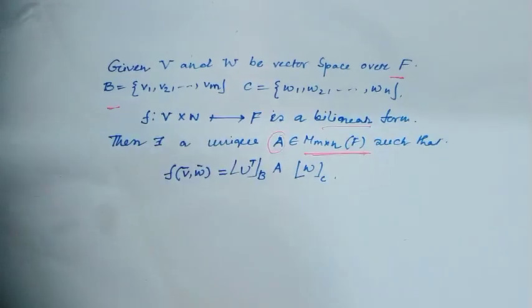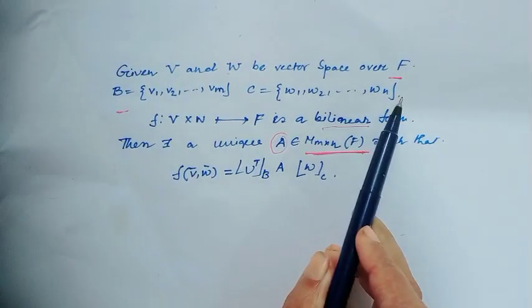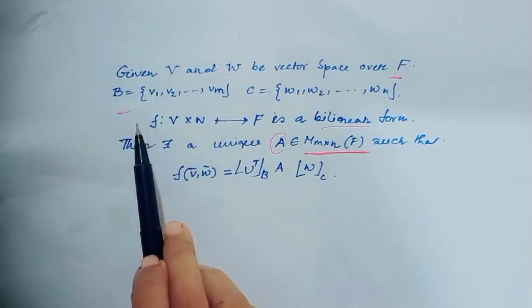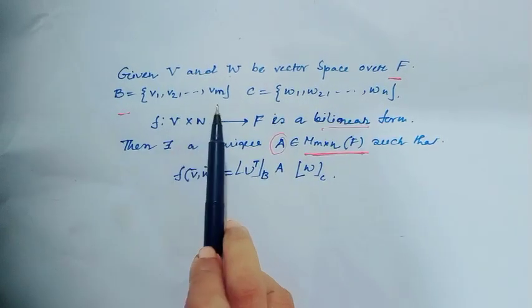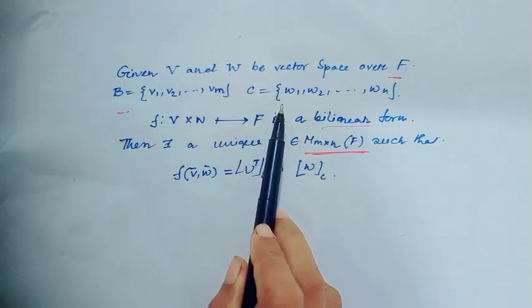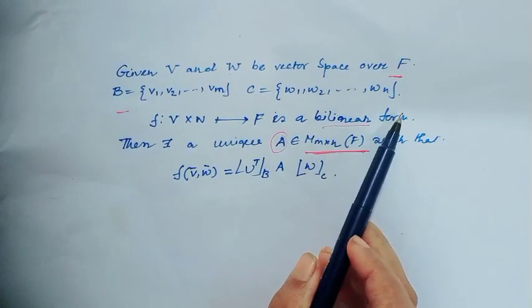In my previous video I had shown, given V and W vector spaces over the field F, consider the set B which contains the vectors V1, V2, ..., Vm, and consider the set C which contains the vectors W1, W2, ..., Wn.